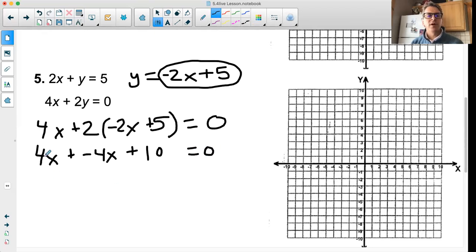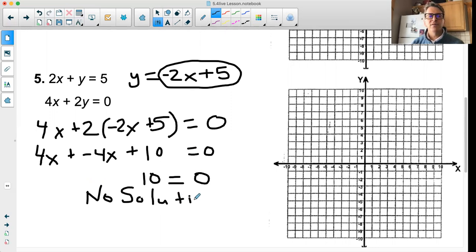So what happens at this point is the 4x's cancel out, and I get 10 equals 0. We all know 10 doesn't equal 0, so your answer is no solution. So we didn't use our graph. If you did use your graph in this case, you'd have 2 lines that have the same slopes. If you subtract your 4x from both sides and divide by 2, you'd have a slope of -2.